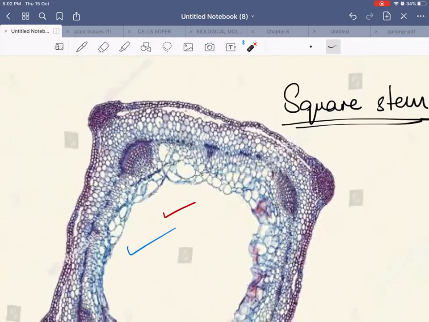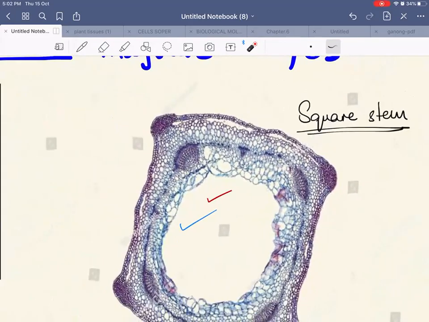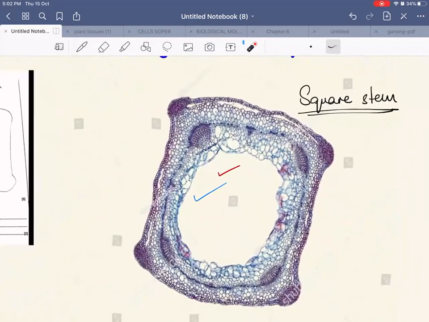It's not so obvious over here, but maybe in your slide it's more obvious, because as I'm zooming out, the resolution of the cells is better. So it can be seen that every vascular bundle has a cap, or a layer of sclerenchyma, at the top, if you look at it very carefully.